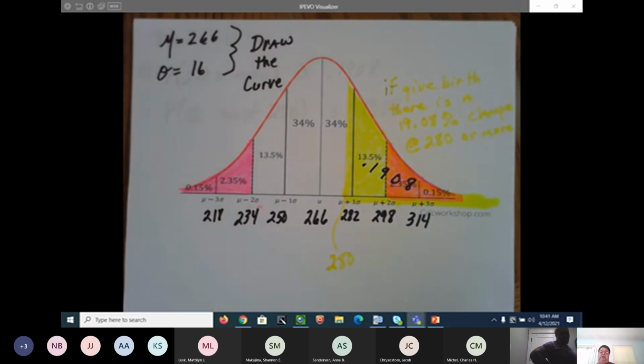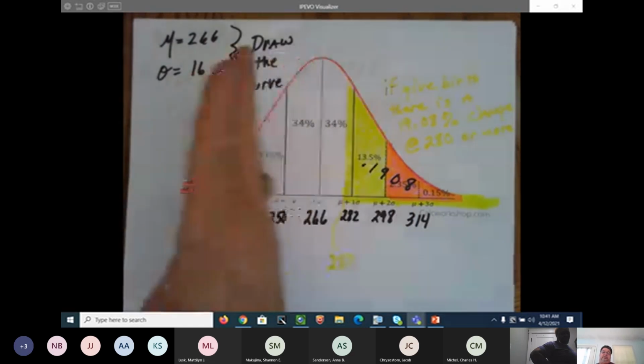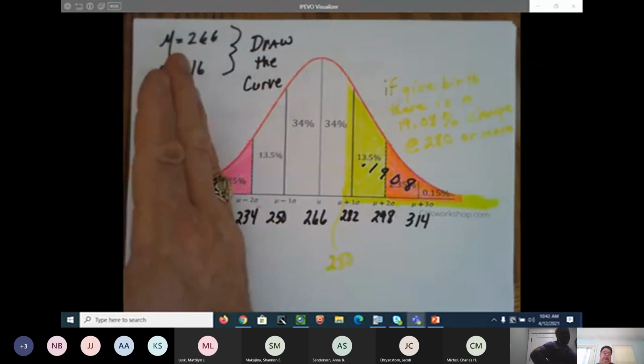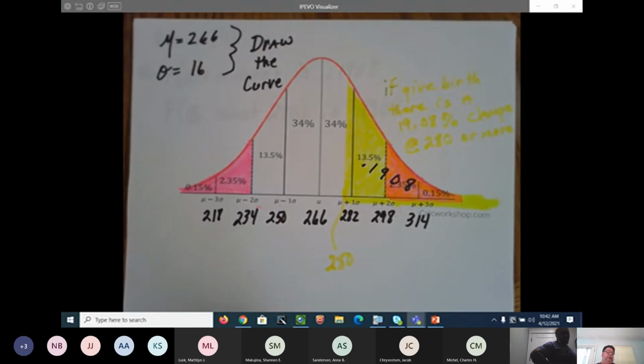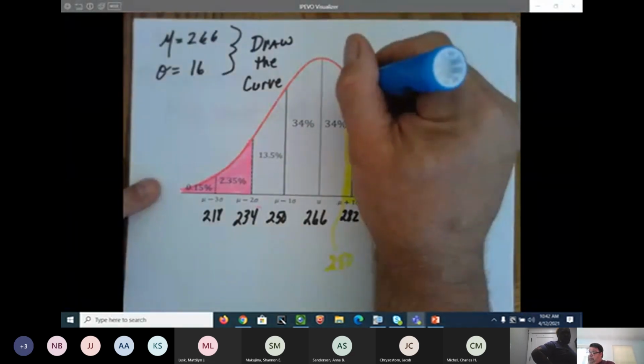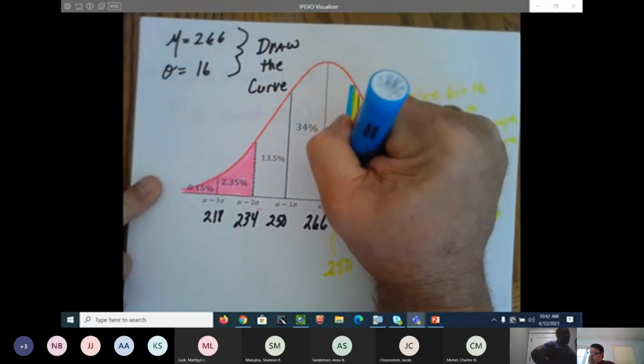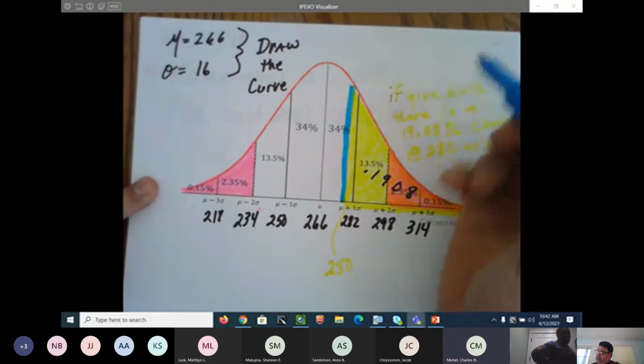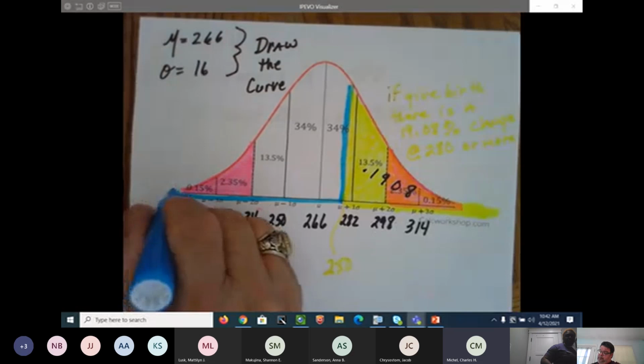That's the right side. What's the other side? It's the less than side. It's this side over here. Less than 280. I'm going to color that blue, because that's also called the what? Starts with a C. Complement. The complement.